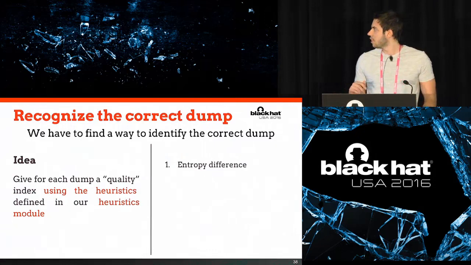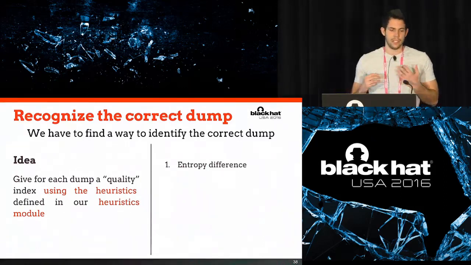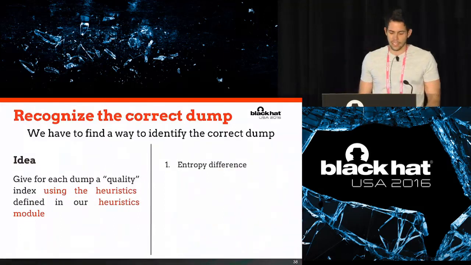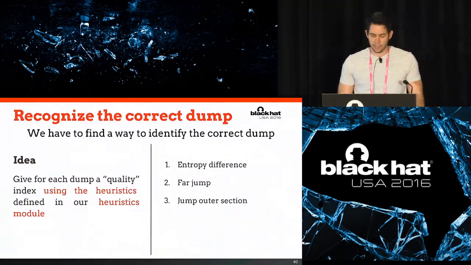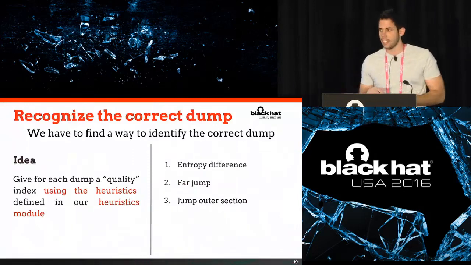The first heuristic is the entropy difference between the original malware and the current dump. If these two values differ in a significant way, this could be an indication of the end of the unpacking phase. The second and the third ones are based on the analysis of the current instruction pointer and the previous one.